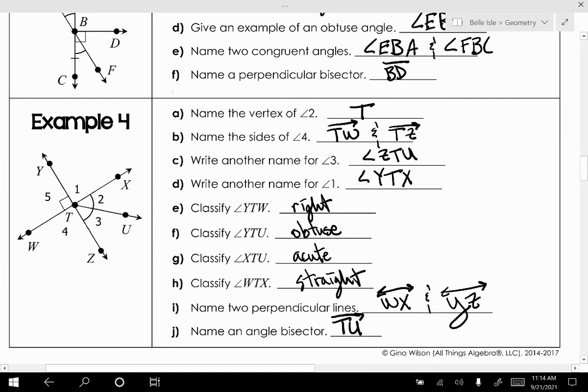Another name for angle 3 could be ZTU, UTZ, or just angle T. D, write another name for angle 1. You've got YTX or XTY. Classify angle YTW as right. F is obtuse. G is acute.